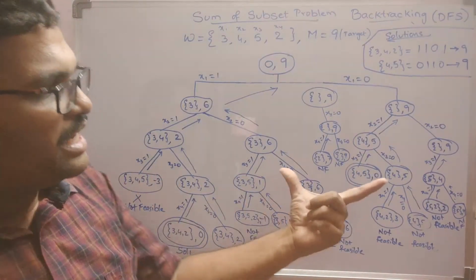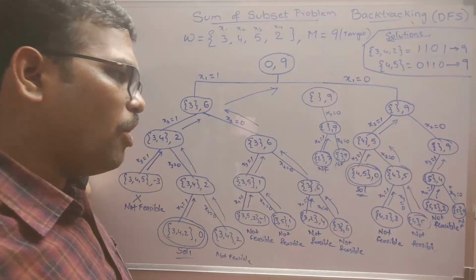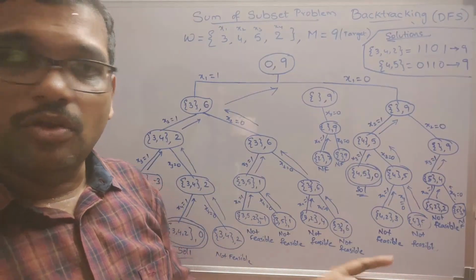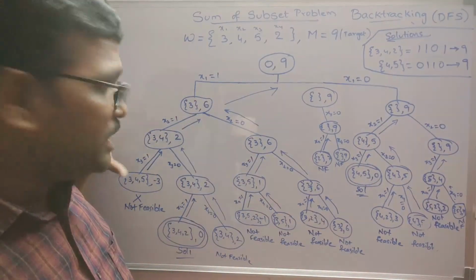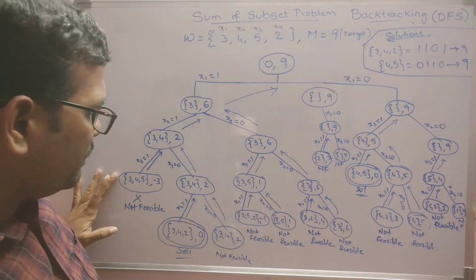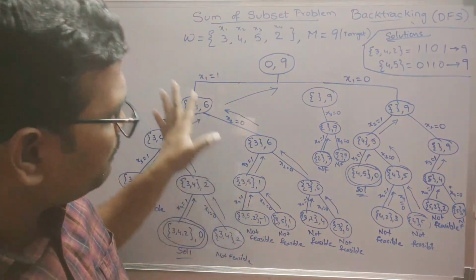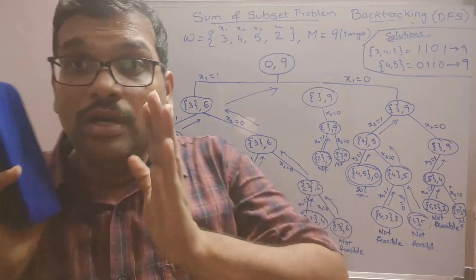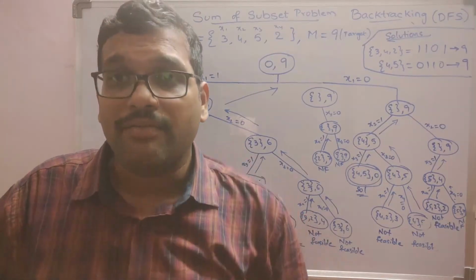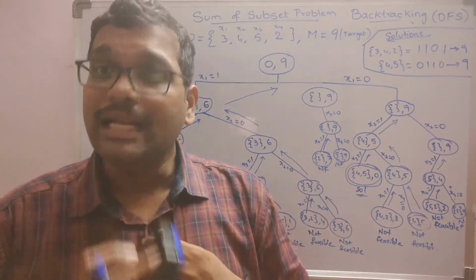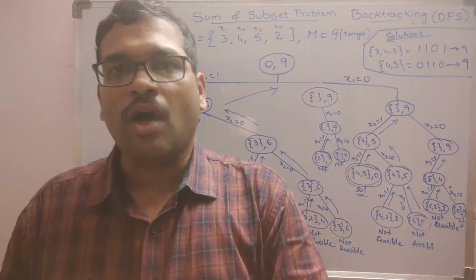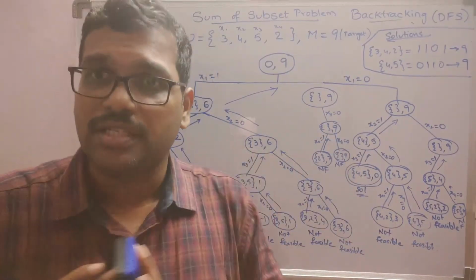So in this state space tree, you can see we have considered all the possibilities. Some paths are not feasible. You can check this path is not feasible, this path is not feasible, and this path is not feasible. So this state space tree has all the paths which lead to feasible solutions and not feasible solutions.